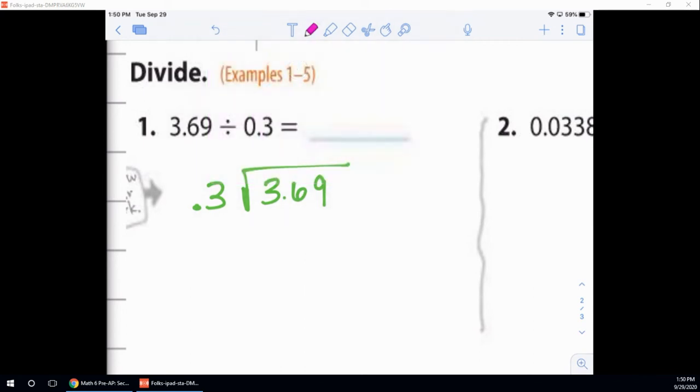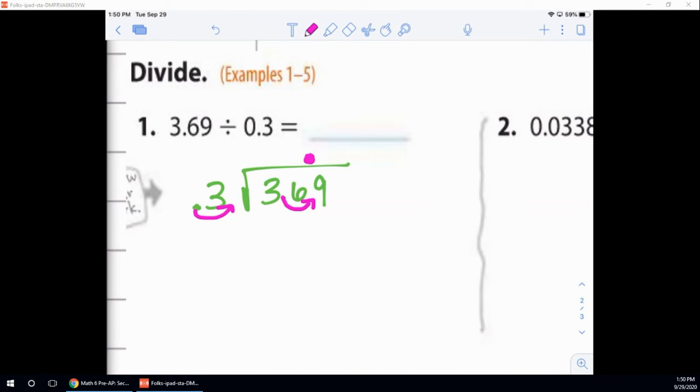I want to make sure that the divisor is a whole number, and I don't have a whole number yet, so I'm going to move my decimal to the right, which is multiplying by 10. Now do the same thing here. Since I only moved it one time here, I only move it one time there. So the number of times you move it is the same on both ends. Bring my decimal up to my quotient.